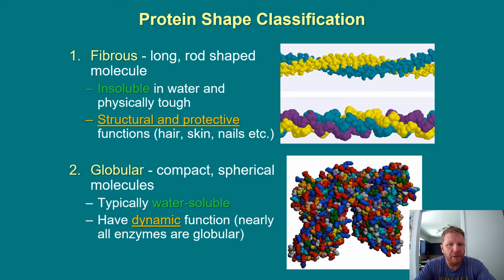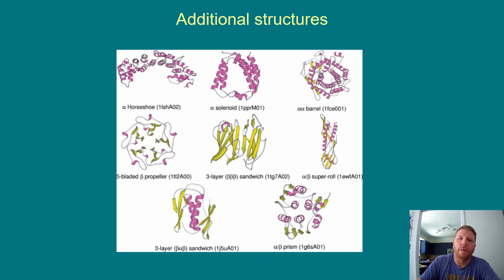Globular proteins are a little bit different because they're very, very compact, for one thing that makes them different, but they're also water soluble and they have a much more dynamic function. Nearly all enzymes that we'll study later on, when we talk about the metabolism portion of this class, are all globular.